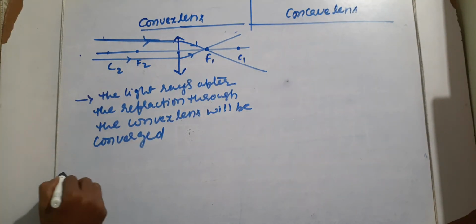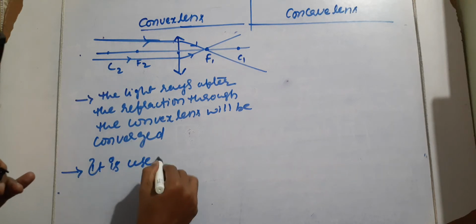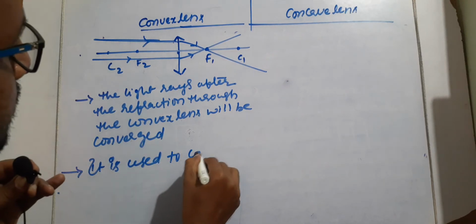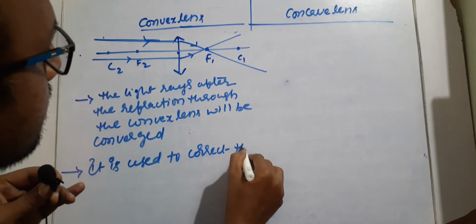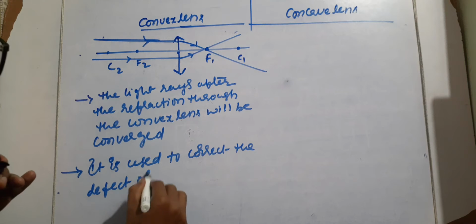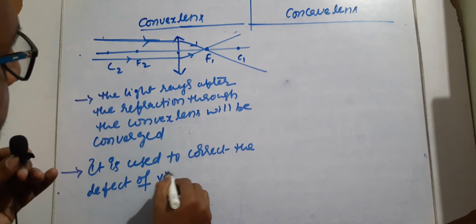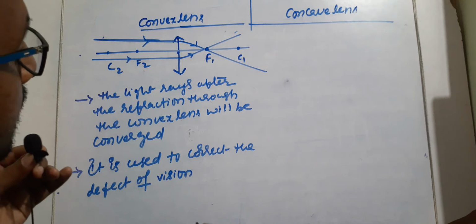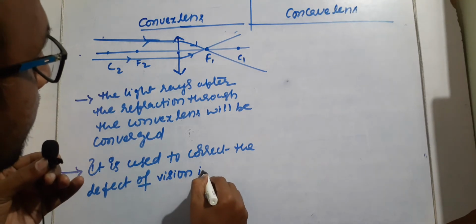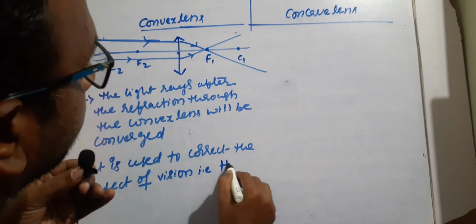This convex lens is used to correct the defect of vision, that is hypermetropia.